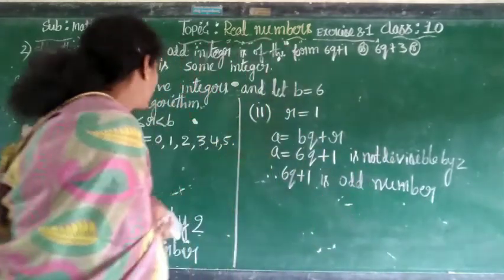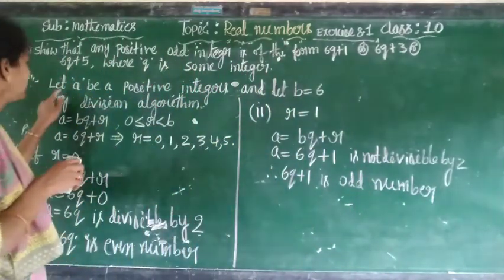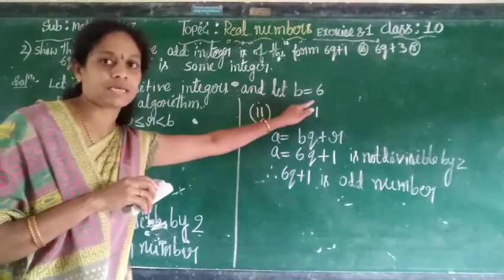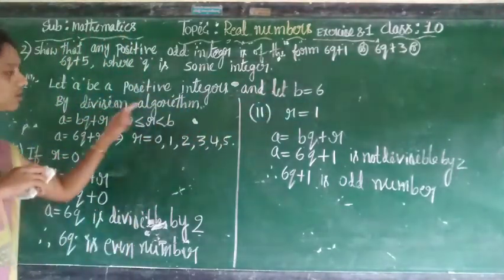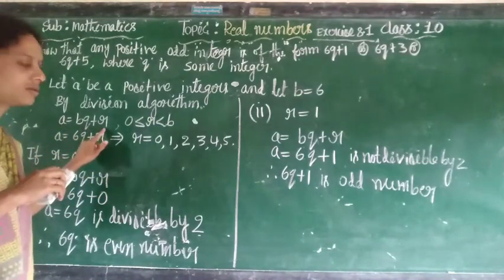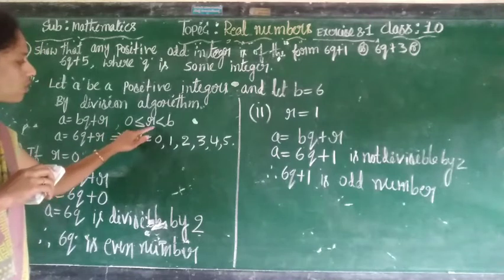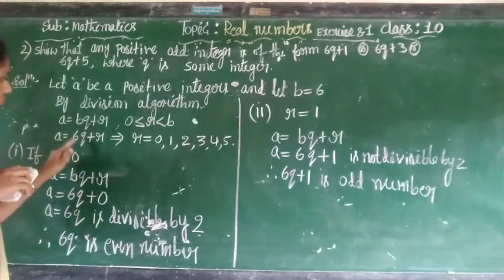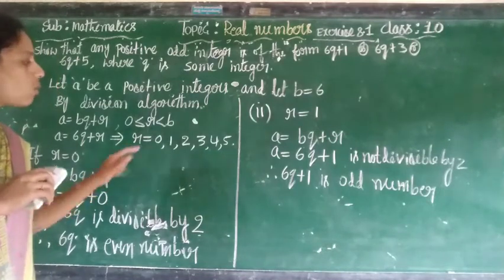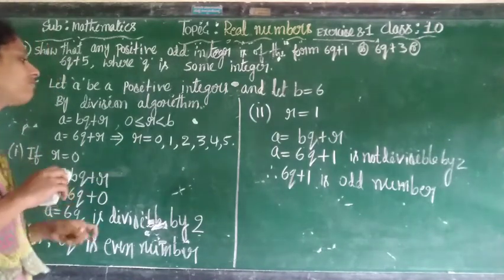Once again, let a be a positive integer and let b be equal to 6. By division algorithm, a is equal to bq plus r, 0 less than or equal to r less than b, so a is equal to 6q plus r. This implies that the remainders are 0, 1, 2, 3, 4, 5.